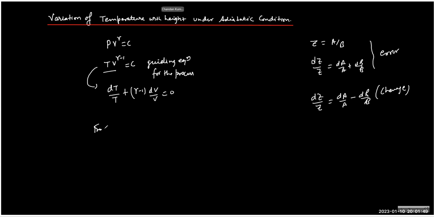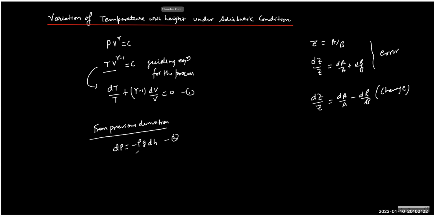From the previous derivation, the laws of motion remain the same everywhere, which means dP will always be minus rho g dh. This is always true; you cannot get beyond this.